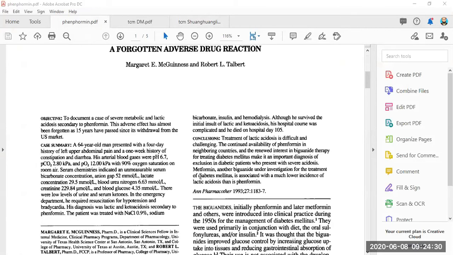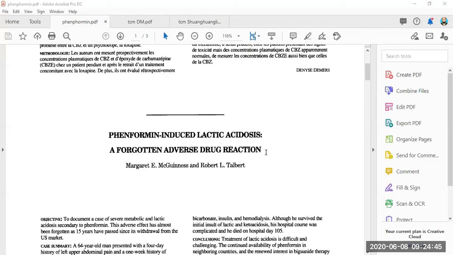They mention a summary of the case study, and I'm not going to go through the whole detailed case study. They mentioned that people using phenformin had issues with lactic acidosis, and that is why it was discontinued. This article was published in around the 1960s.